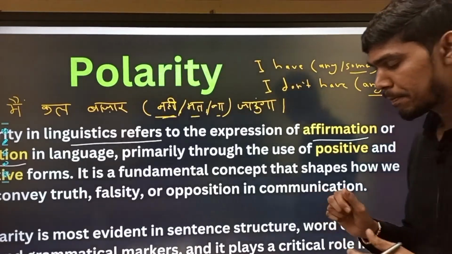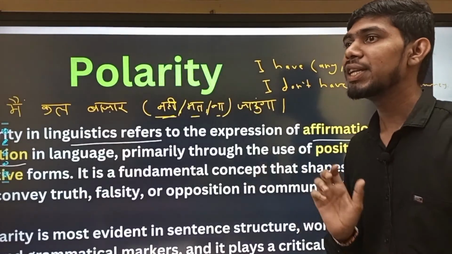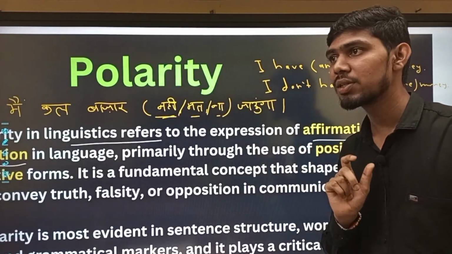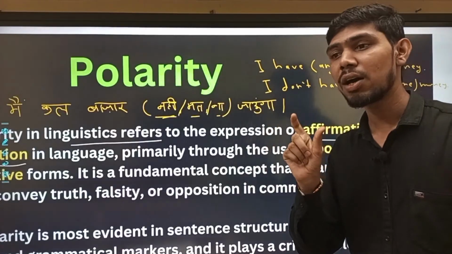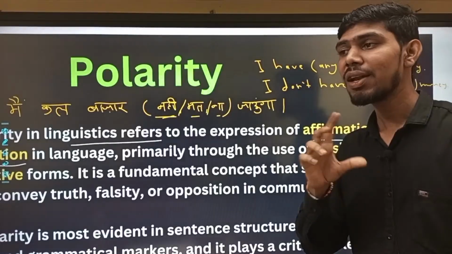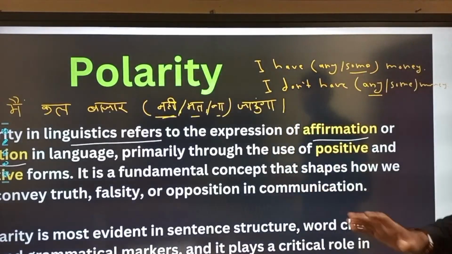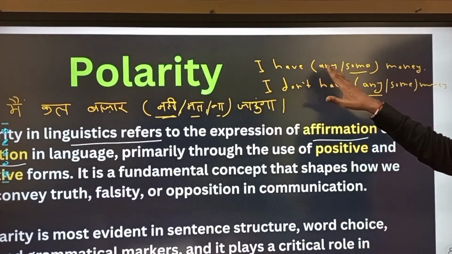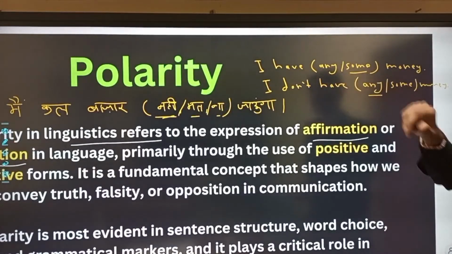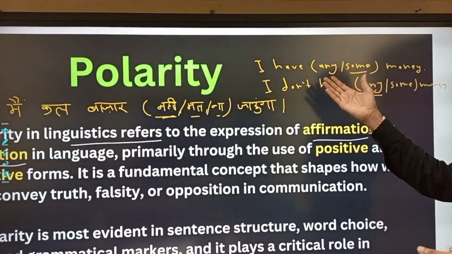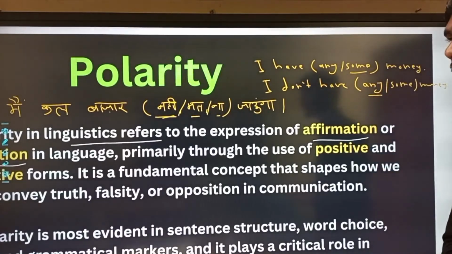So in a sentence, whether we make it negative or affirmative, we use certain words, and those words are fixed. We cannot say I have any money. This makes the sentence wrong, or it doesn't sound professional or natural.